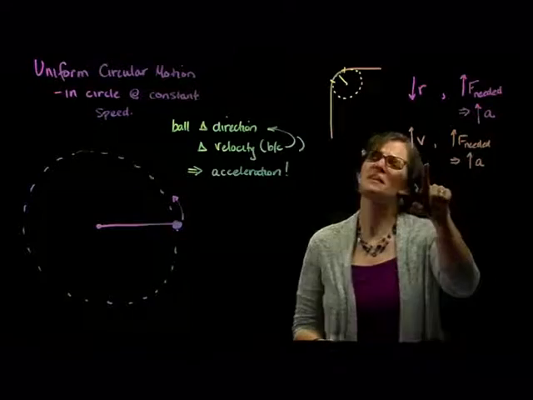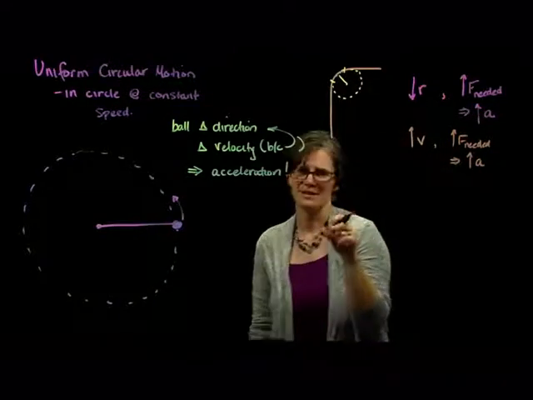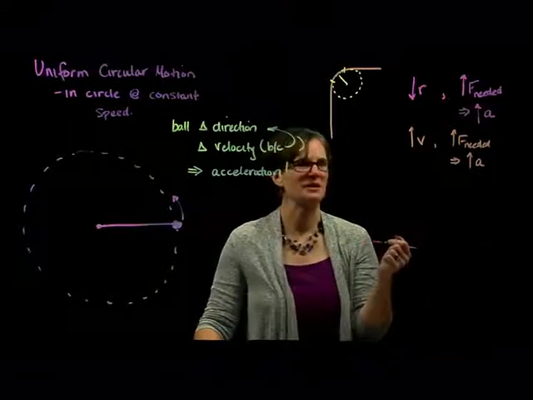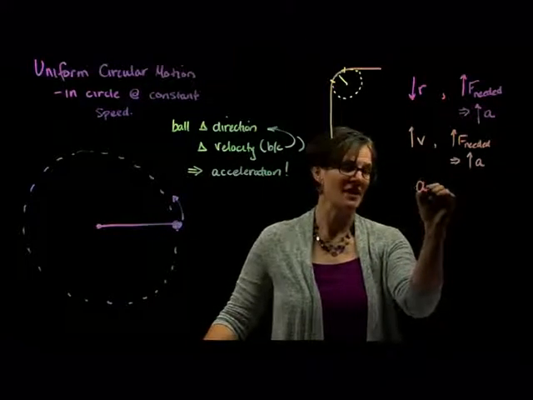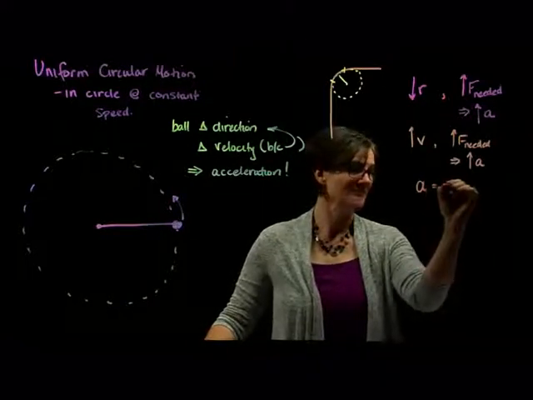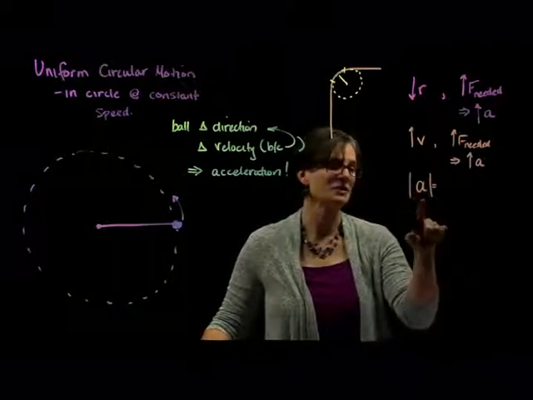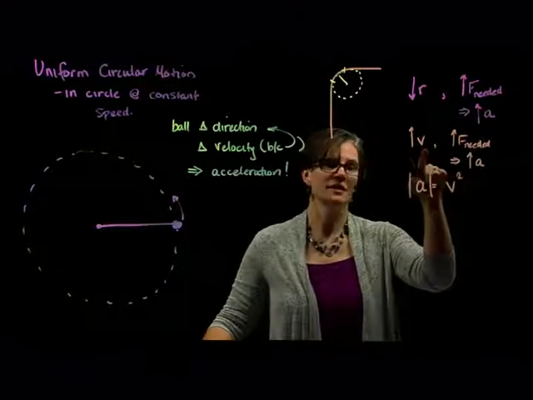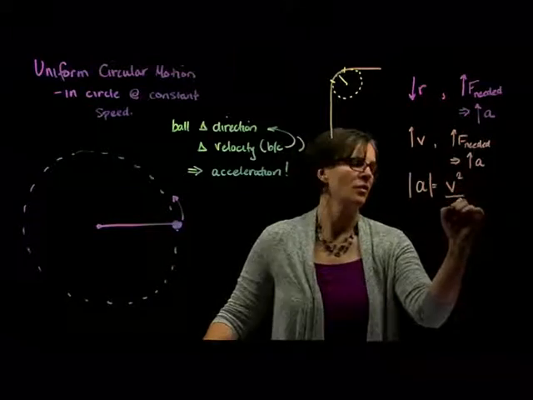And it turns out that the speed has a lot bigger impact on that acceleration than the radius does. So the magnitude of that acceleration, and we'll get to the direction in a minute, is equal to v squared, really influenced by the speed, over the radius.